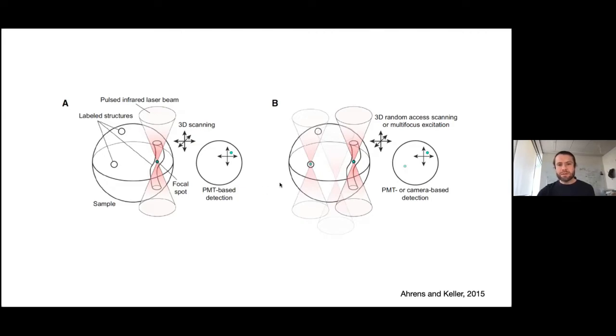So several groups have developed very clever methods for either multiplexing or scanning this at incredible speeds, so that, for example, you could scan them in very quick succession at different points in 3D space, or even simultaneously. And then you could get, in some sense, more than 1 spot at every time point and increase the speed.